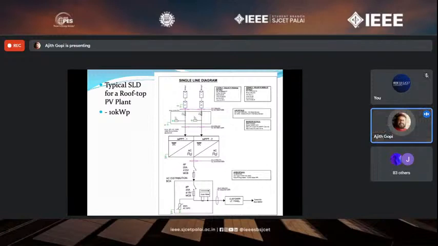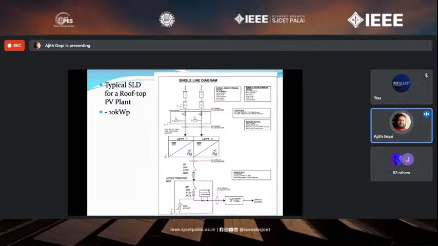If you take a string, you take the total short circuit current of that string. If you take the whole array, you take the total short circuit current and design it.